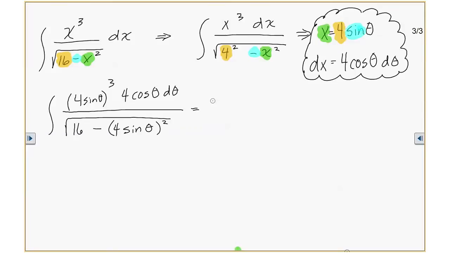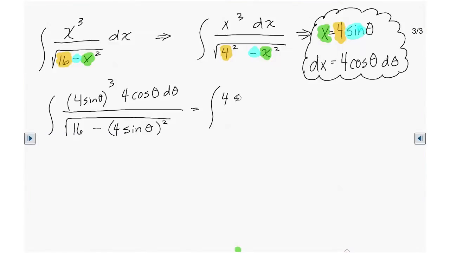Focus on the bottom. 4 sine theta. I'm not focusing on the top right now.